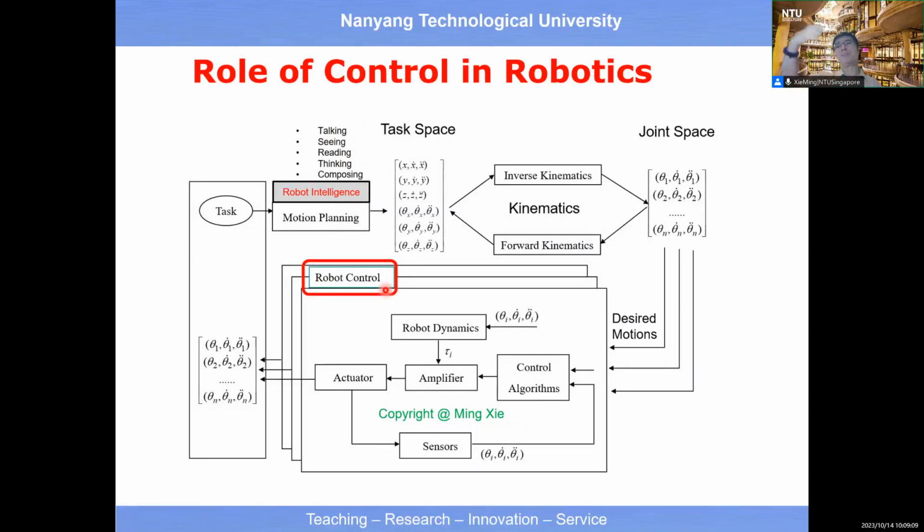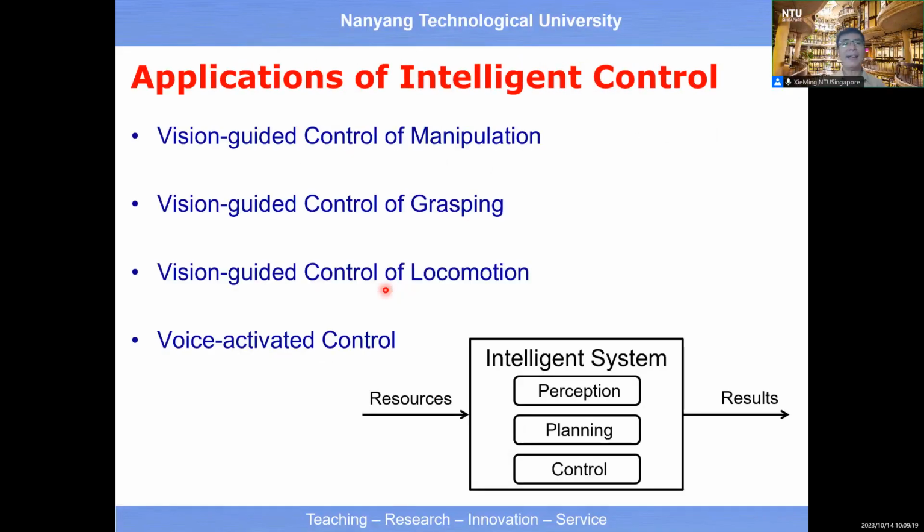Then if we close this outer loop, the robot can also achieve some autonomous behavior, right? It means more impressive, right? Then we can get the control of manipulation, grasping, and locomotion, right? And eventually, we can also leverage the use of audio signal to implement the control scenario of a robot, right?